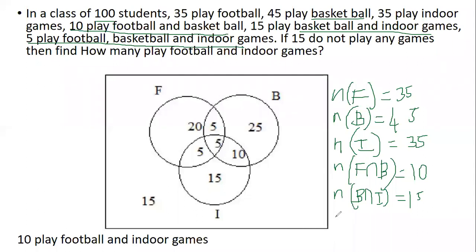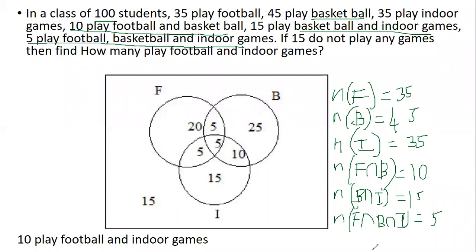So 5 of them play, that is N of, sorry, it is intersection. F intersection B intersection I is equal to 5. 5 of them play all of it.